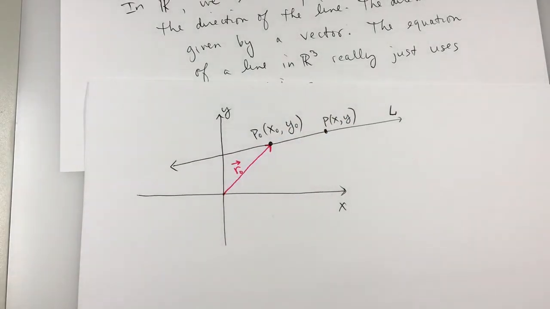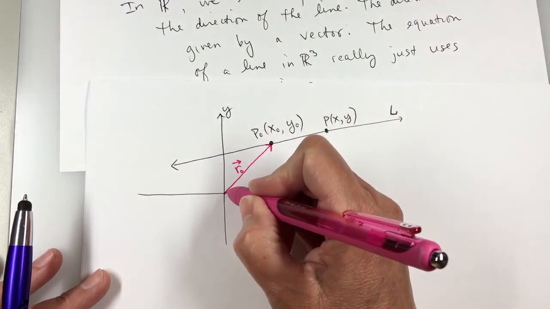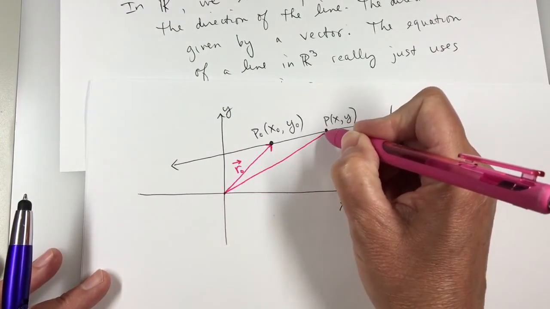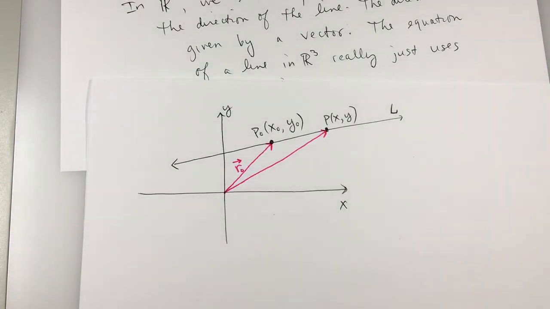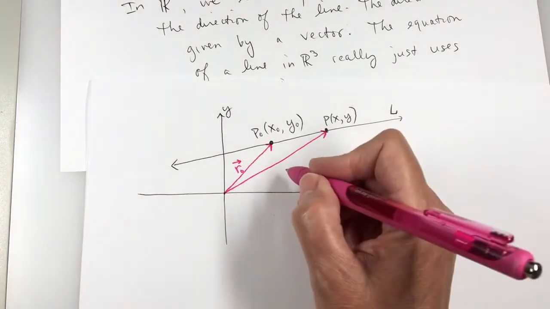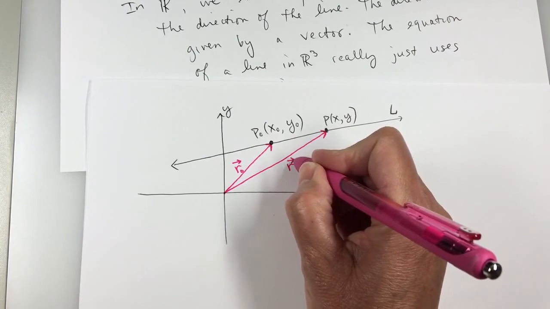And I can draw the position vector that goes to point P as well. And that vector, we call it R. Vector R.